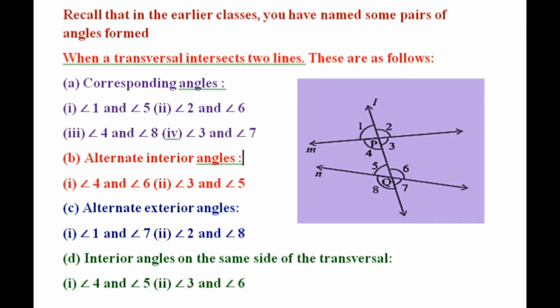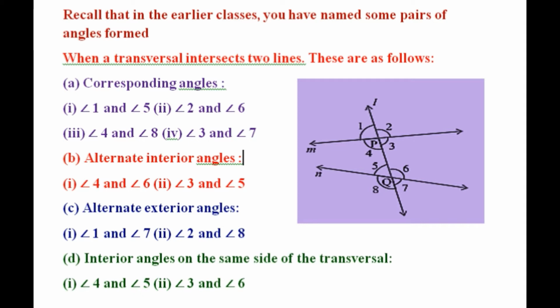Angle 2 and angle 6 are also in the same position. So these are called corresponding angles. Then angle 4 and angle 8, inside, are on the same side of the transversal, in the same position. Clear? Then angle 3 and angle 7 are corresponding angles.